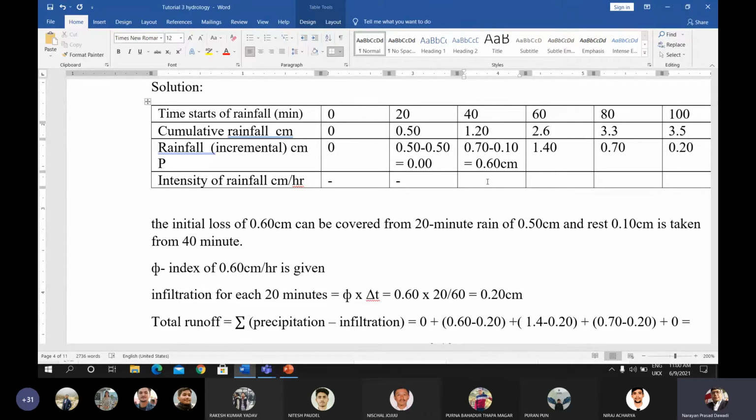0.6 into 20 divided by 60. Then 1.4 into 20 over 60, which gives 0.4766.